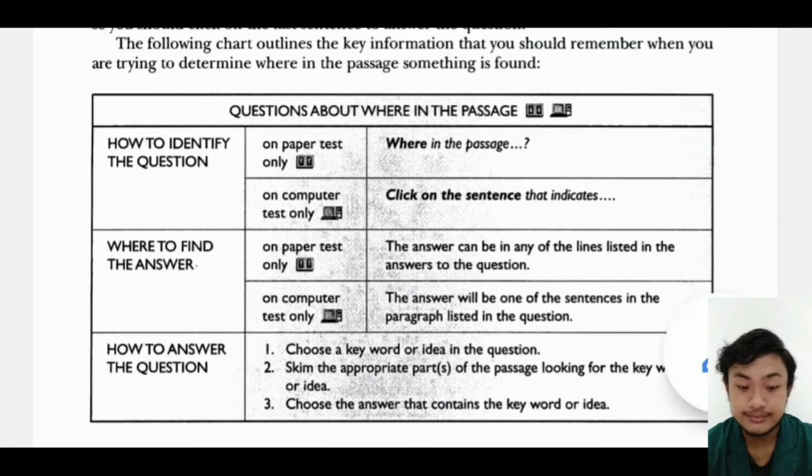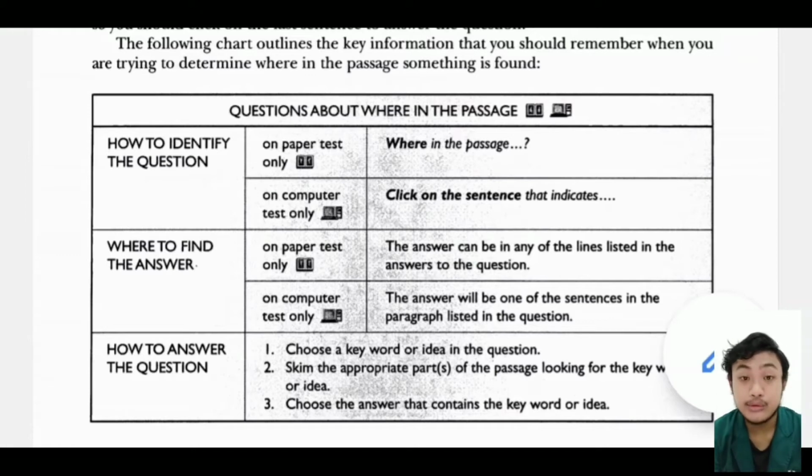the question. The following chart outlines the key information that you should remember when you are trying to determine where in the passage something is found. Question about where in the passage. How to identify the question. On the paper test only: where in the passage.